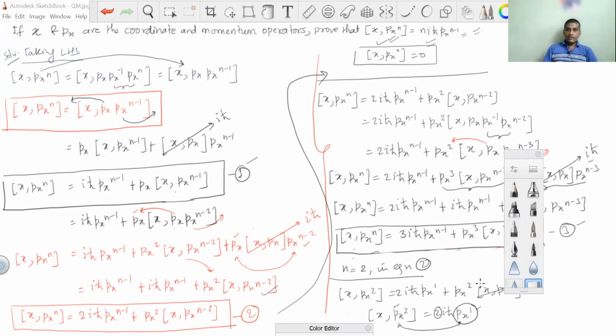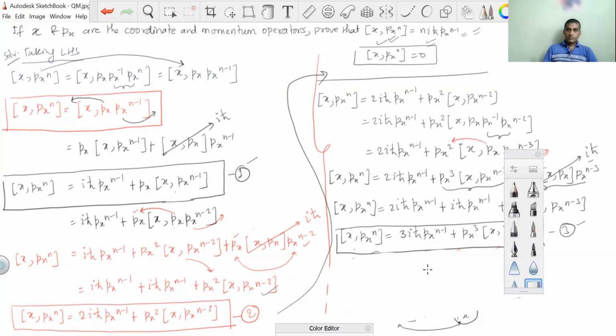Now let us take n equals 1 in equation 1.